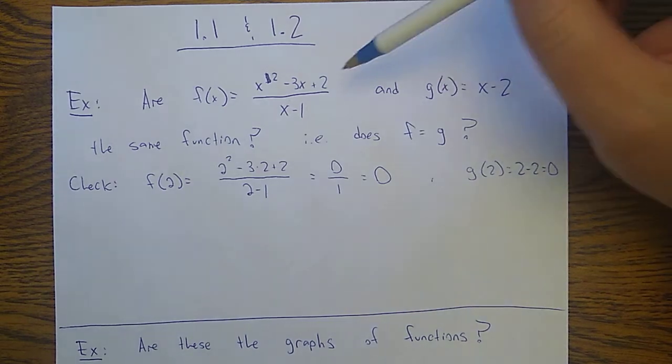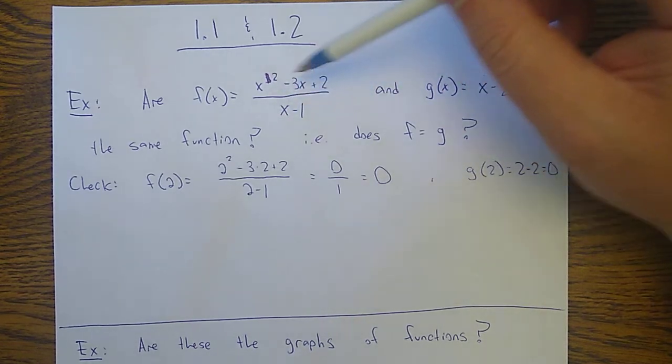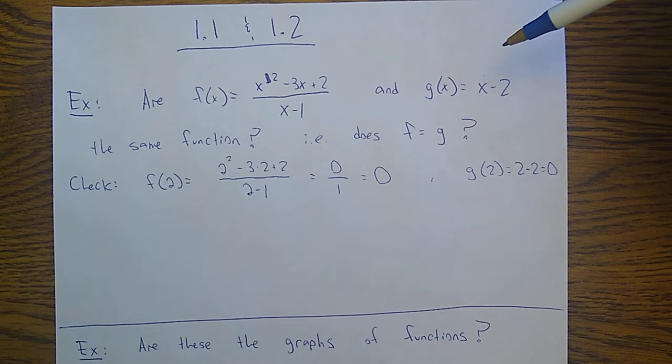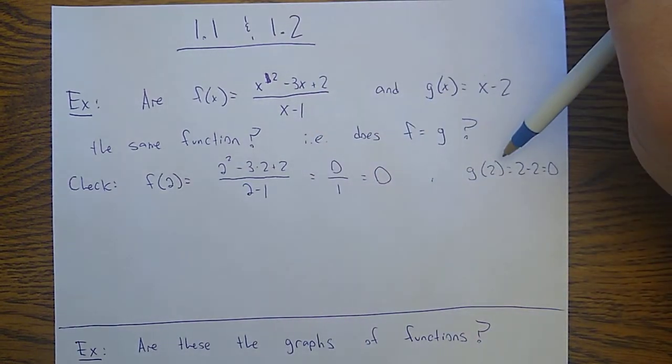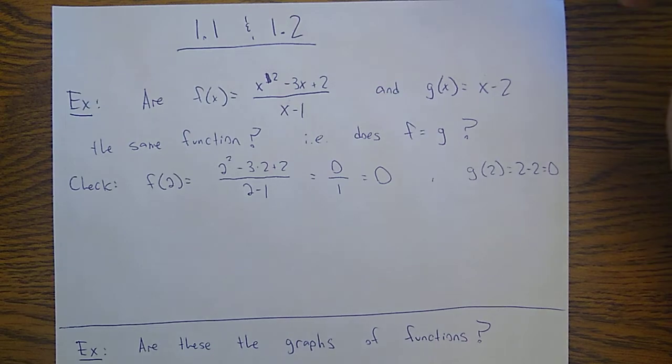So then the question is, are they going to be equal no matter what? If I plug in any value of x, is this one going to be equal to that one? That's a real question. You can try to check these numbers one by one by plugging them in, but of course you'll never check every possibility.